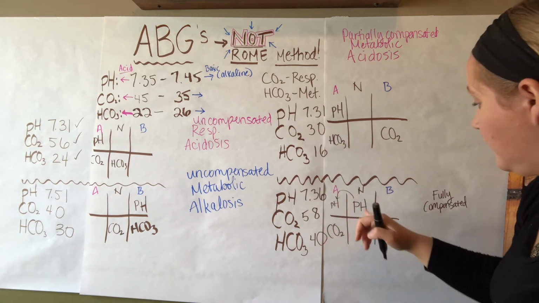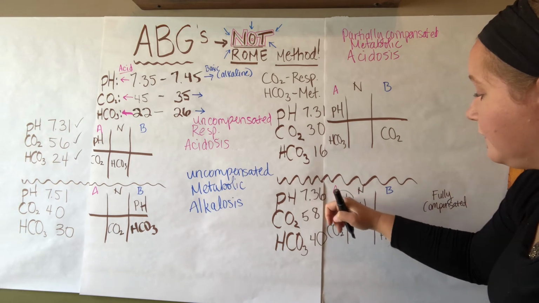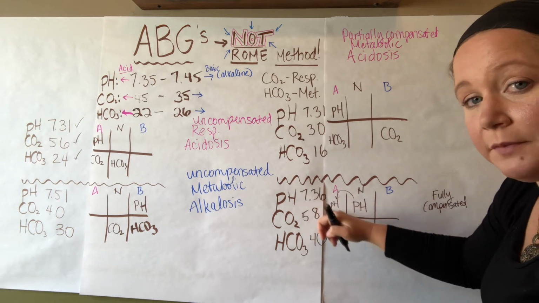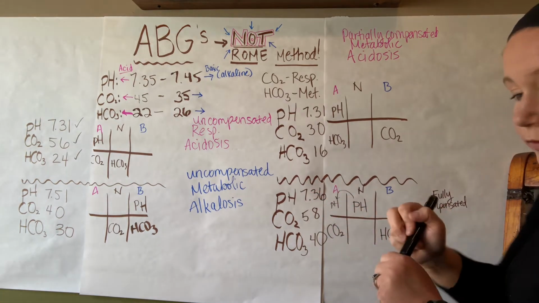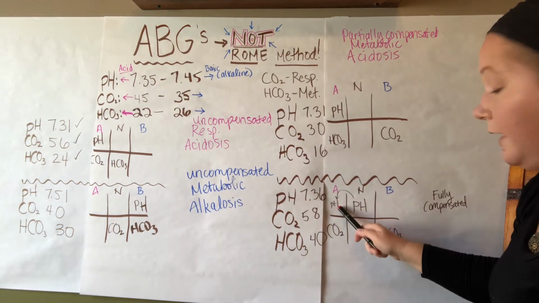Helps you name it. Because it's leaning more towards my acid side, I tentatively put it over here into my acid box because it's leaning that direction anyway. So I know then I can call it acidosis.